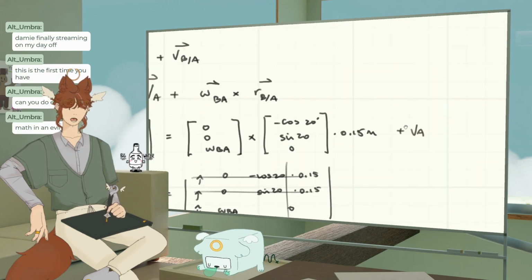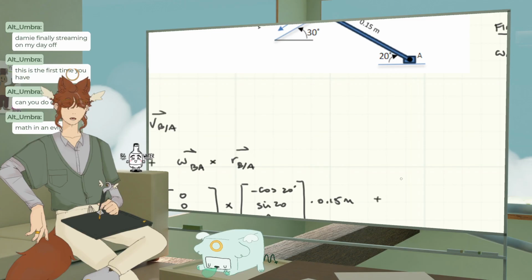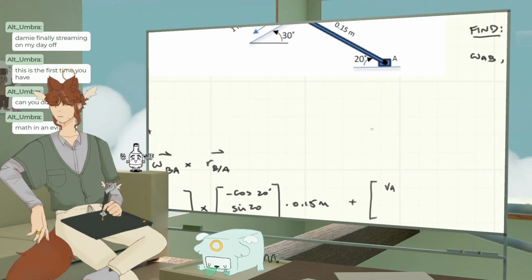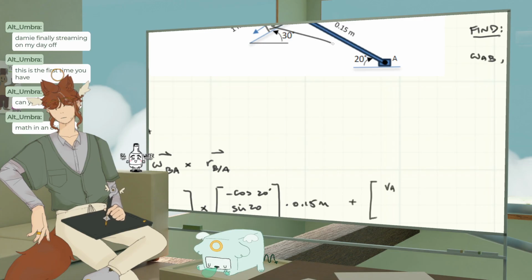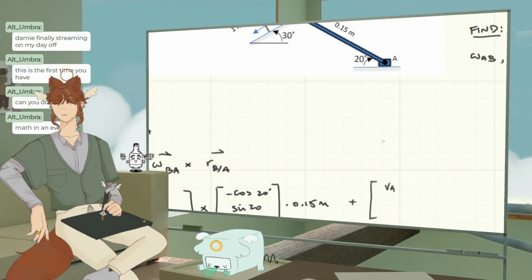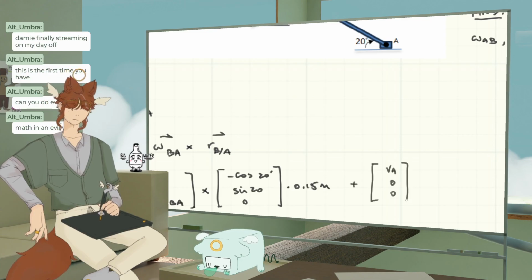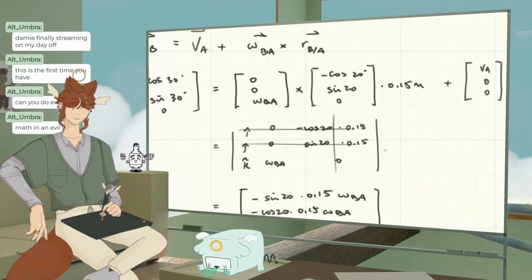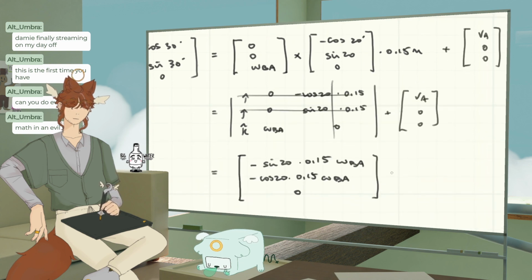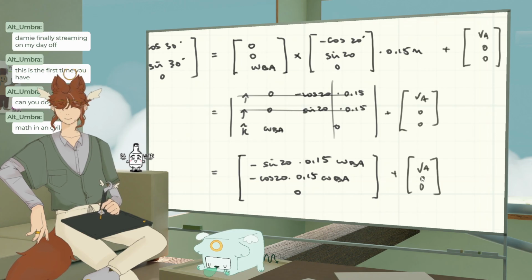Plus VA, and VA is just going to be in the x direction. What way do we think it goes? If B's going this way, then A's probably going to the left. Call it positive, whatever. So then plus VA, and that's why we can't use the cosine.